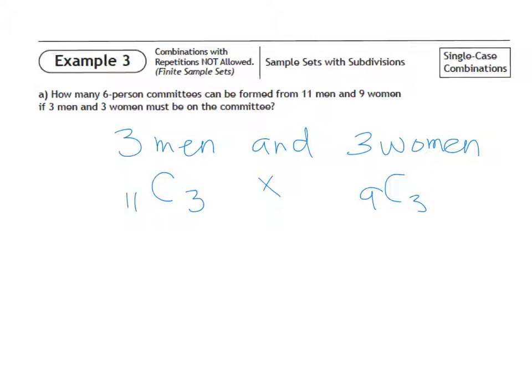And that's a multiplication instead of an addition. I think this is going to be a big number. 13,860 different committees could be formed.